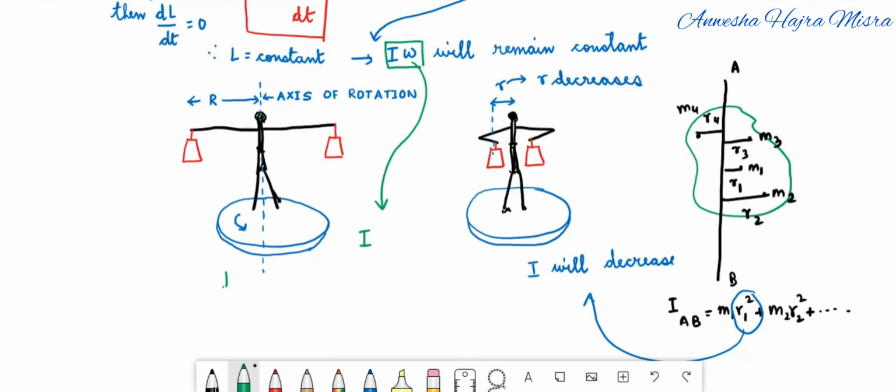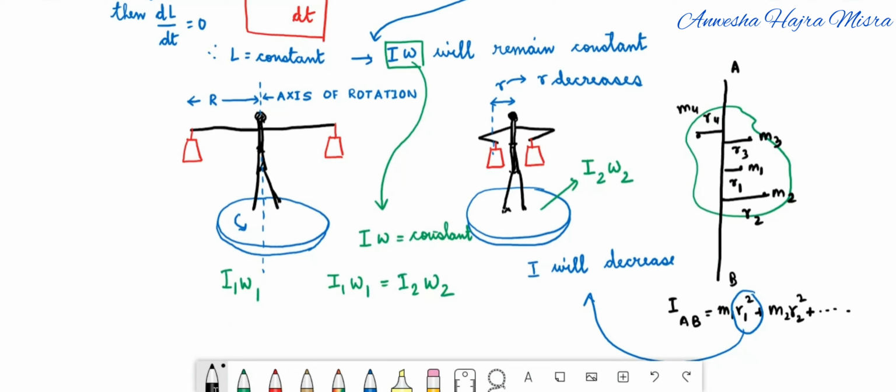So if this is moment of inertia I1, omega 1, and for this one my moment of inertia is I2, angular velocity omega 2, so I omega should remain constant. So I1 omega 1 is equal to I2 omega 2. Now this I2 becomes less, because R decreases.